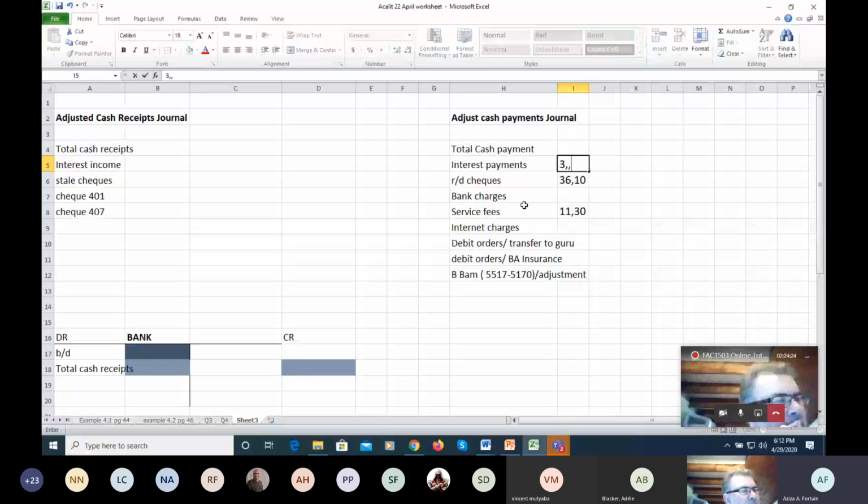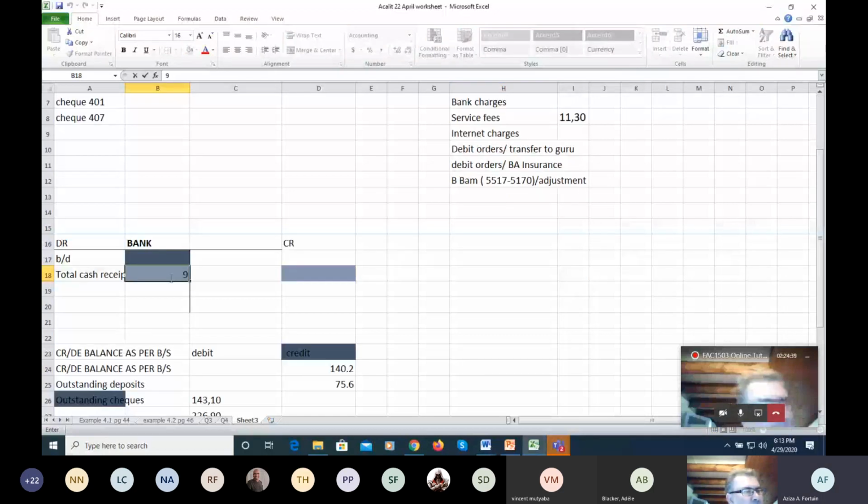Okay, original cash receipts. Our original cash receipts is going to go in here, 913 rand and 8 cents. And your cash payments, which was 1016 rand 68.